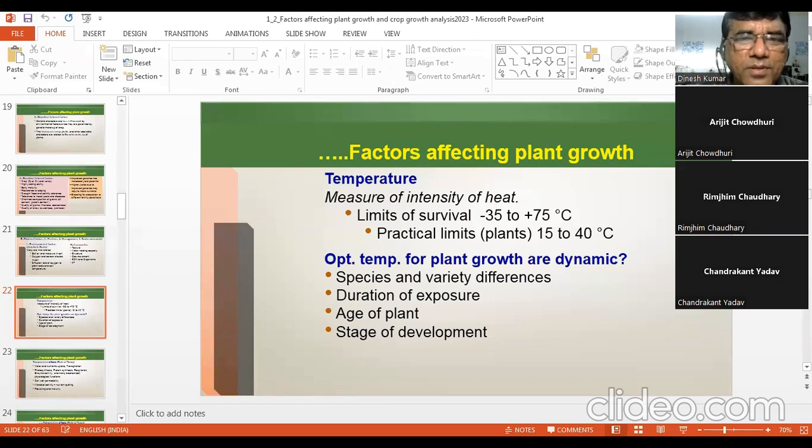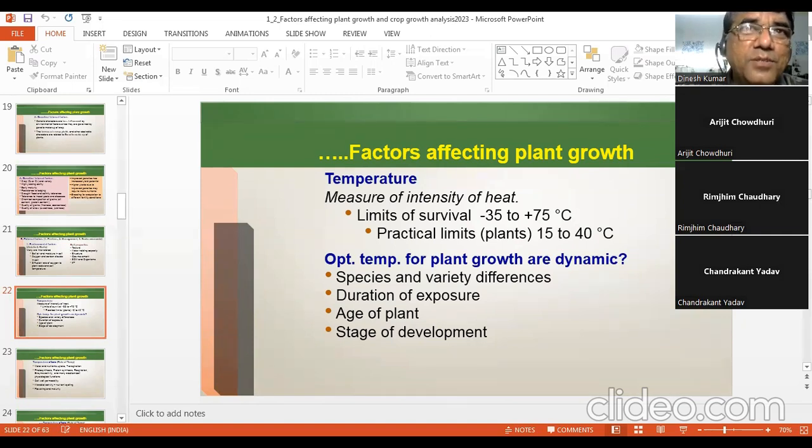True. For changing from one phase to another phase, the plant requires a certain amount of heat units. Correct. In that way temperature is important. Yeah, good. You mean that to complete the whole life cycle, the plant will need a certain quantity of heat units. Very true.